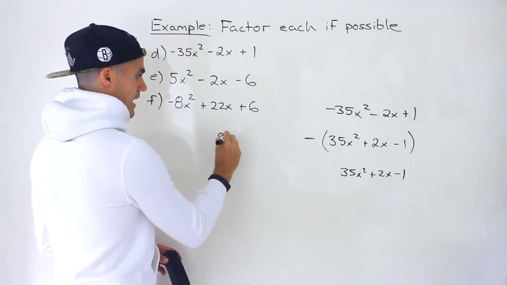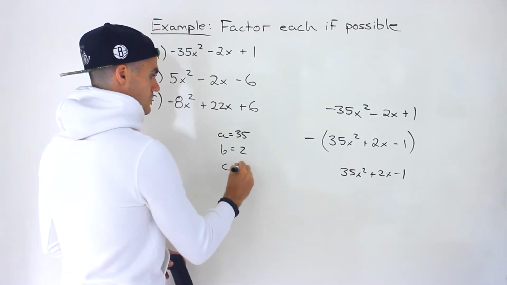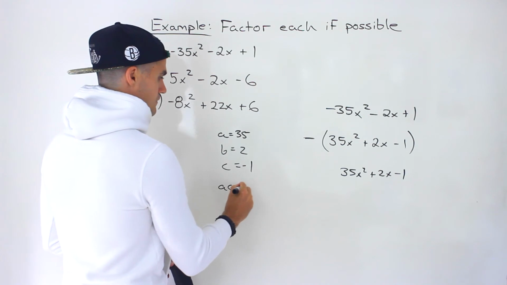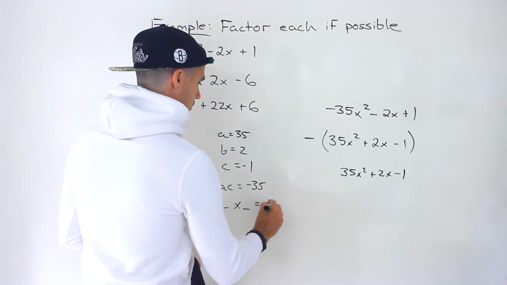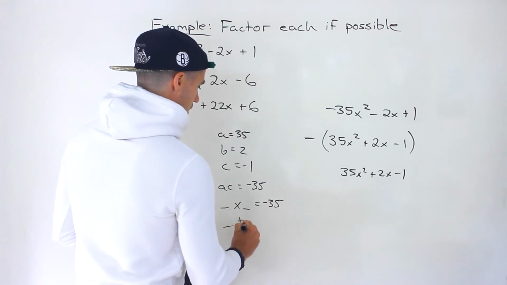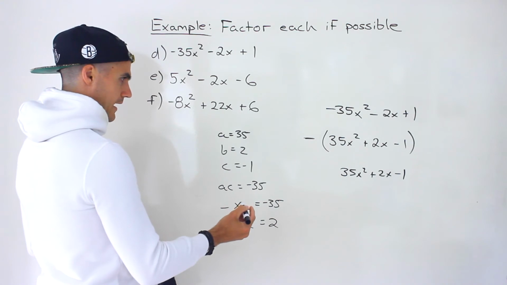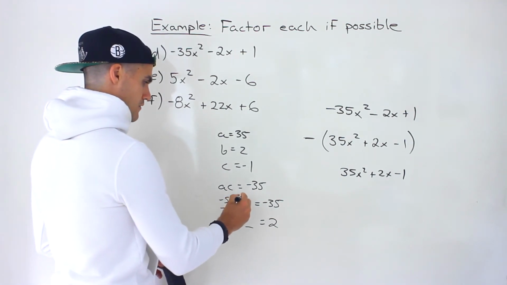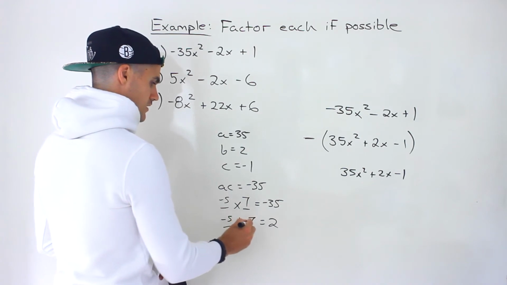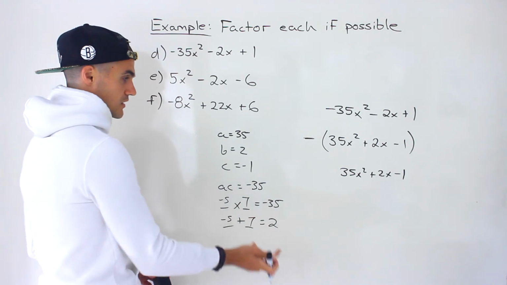So notice the A value is 35, the B value is 2, the C value is negative 1, the AC value is negative 35, and then we find two numbers that multiply to negative 35, add up to that B value of 2. And the two numbers would be what? Negative 5 and 7. Negative 5 times 7 gives us negative 35. Negative 5 plus 7 gives us positive 2.